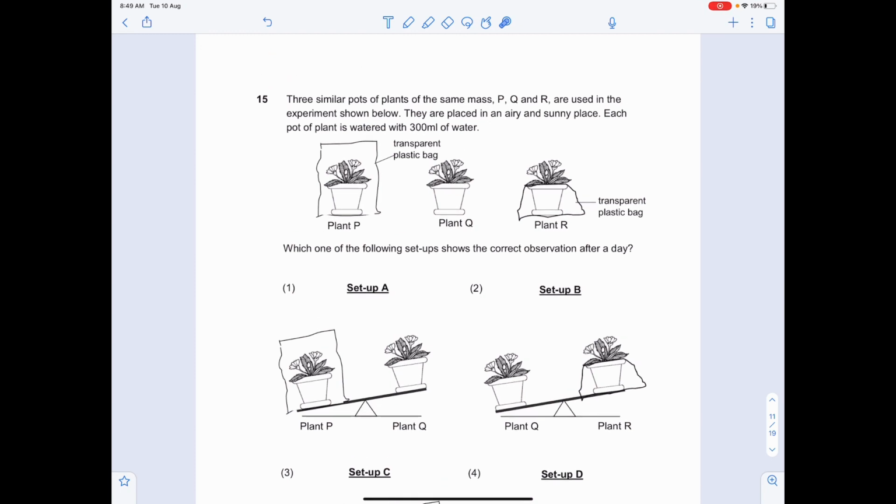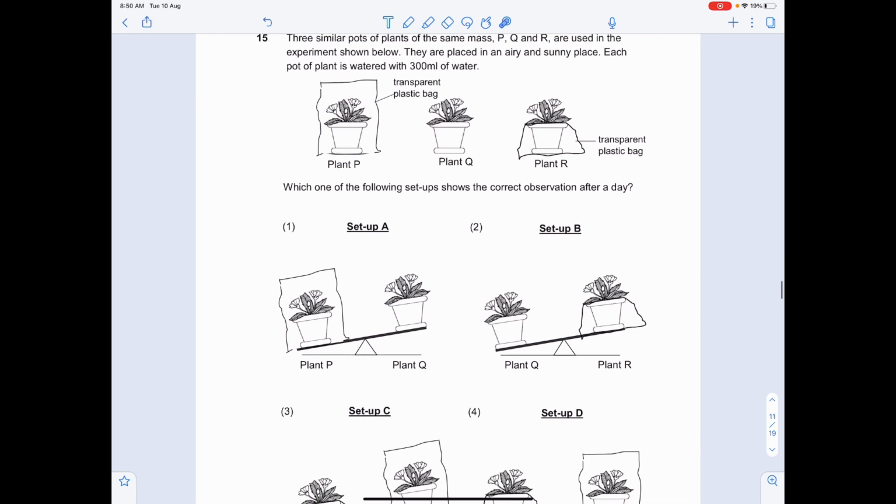So basically, if you take a look at this, you need to ask yourself, what is the difference between these 3? Now, if you look at these 3, the plastic bag is not preventing light in this case, but really altering the concentration of water that is being enclosed in this system.